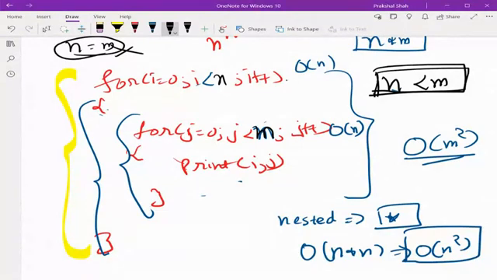Let me see the other answers. n into m, iterative n into m. Okay, fine. So Dipanshu, what do you think? What should be your answer here? Has anyone attempted this on pen and paper, or is everyone answering randomly? Have you tried it, people? Okay, fine.